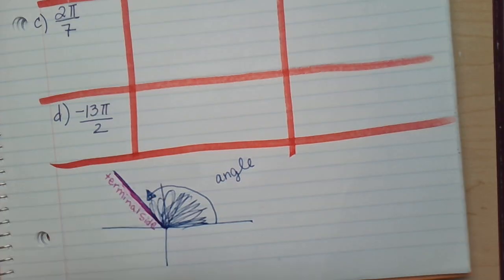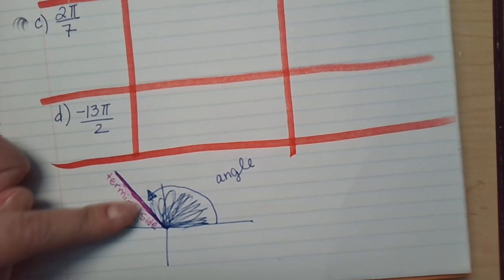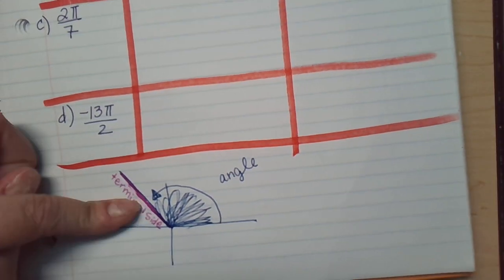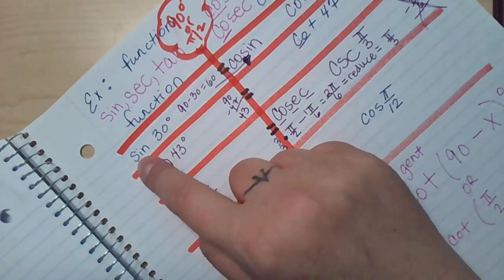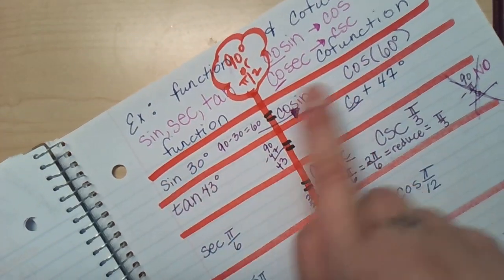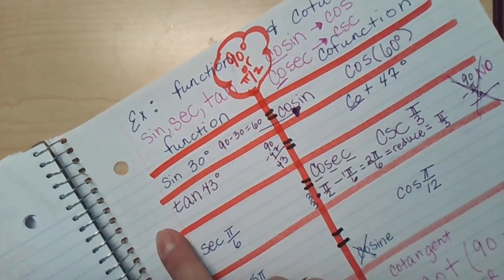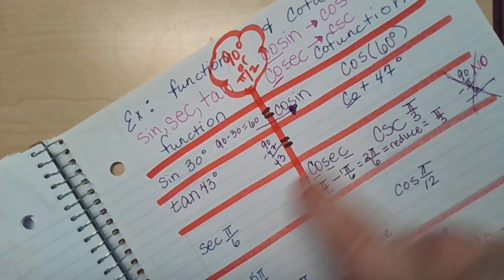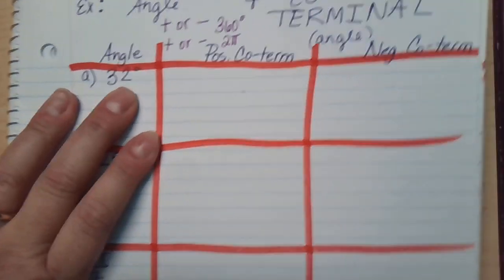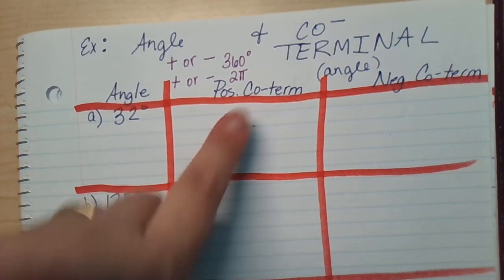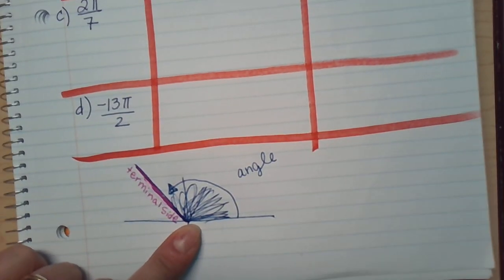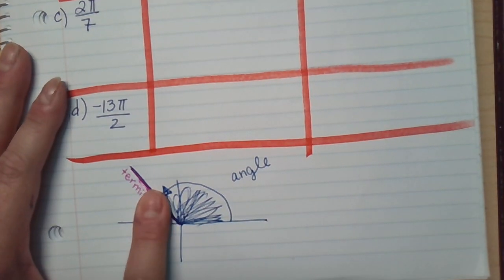Terminal side. So when it's asking for a coterminal angle, it's saying, what's another angle that shares the same terminal side? Kind of like cofunctions share the same three-letter word: sine, cosine, tangent, cotangent. That's what co means. You share in your duties, like if you co-parent. So I want to find another angle that shares the same terminal side.